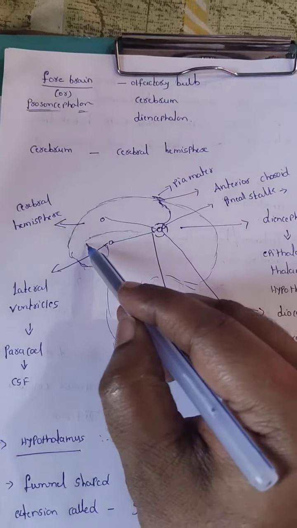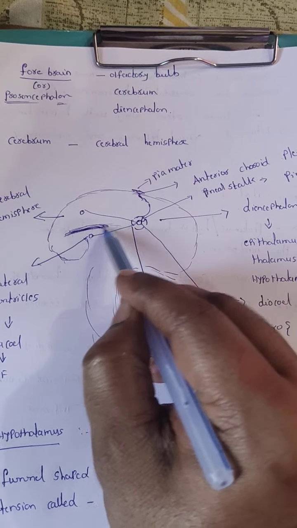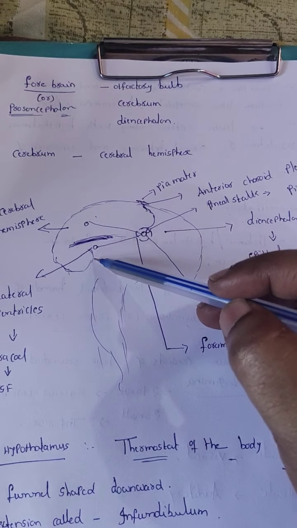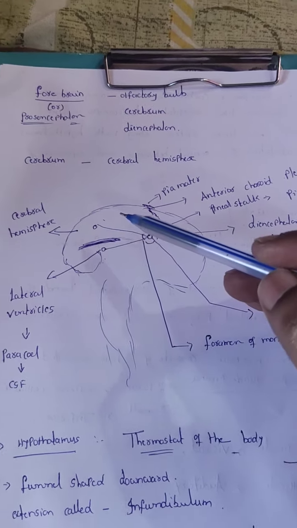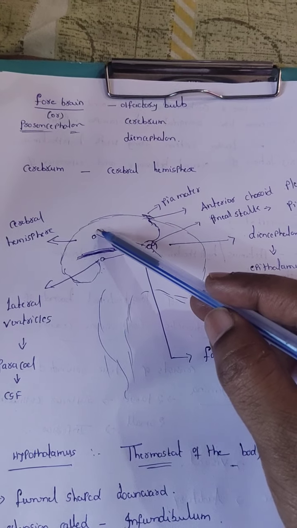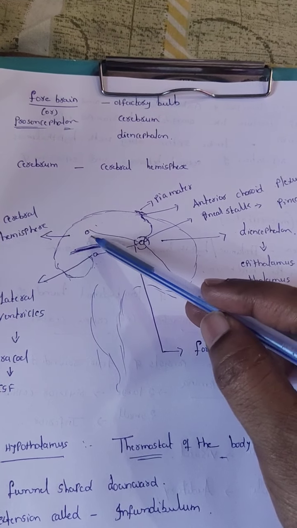Now this part is called the cerebrum. Here, in a rough diagram, this is the corpus callosum, the right cerebral hemisphere and the left cerebral hemisphere. The hemispheres have ventricles.